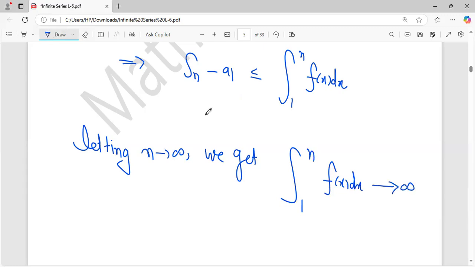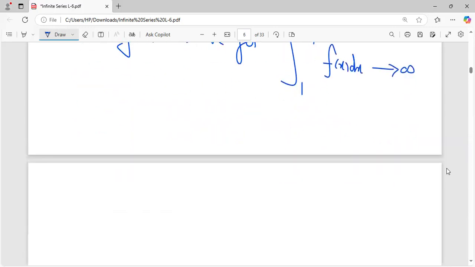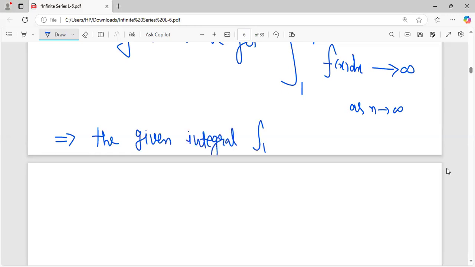So this implies the given integral from 1 to infinity of f(x) dx is divergent. So we have shown that the integral and the series both diverge together.